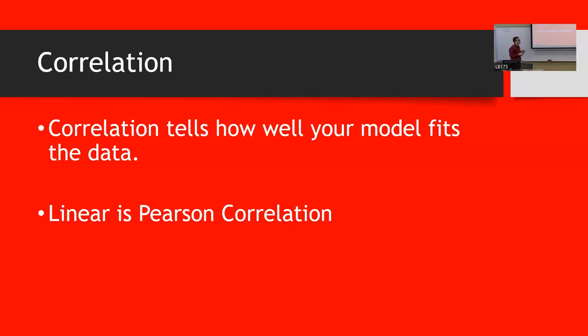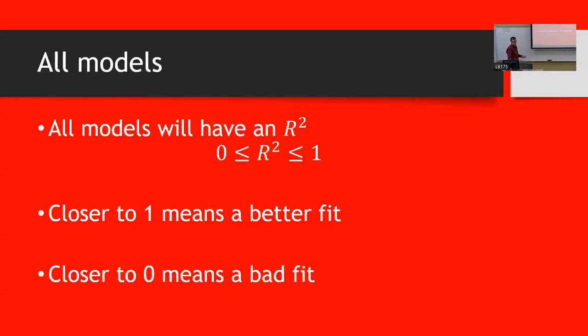If we have this special case of linear models, that correlation, it's actually the R, is called the Pearson correlation. Pearson's the last name of some guy. All right. So if it's linear, it's called Pearson correlation. And if you go into stats classes, they'll talk about Pearson correlation coefficients.